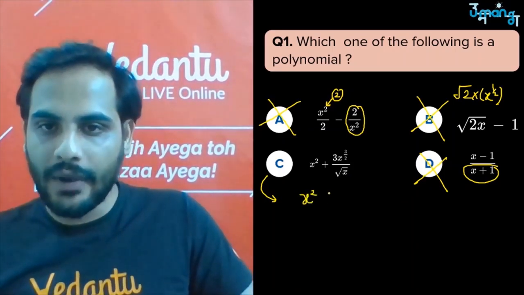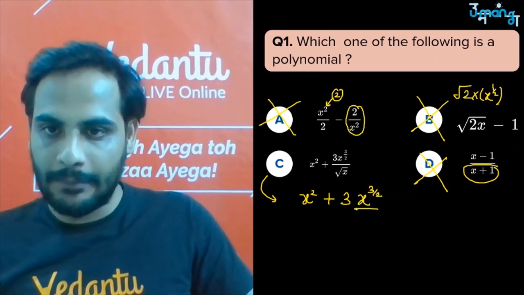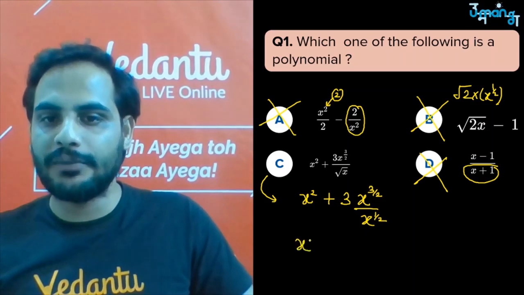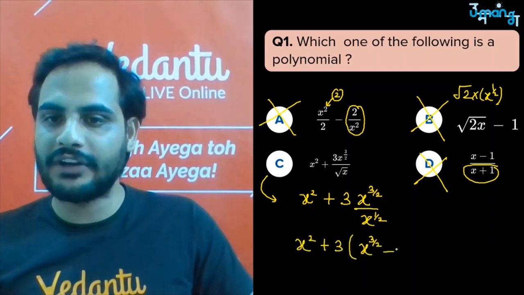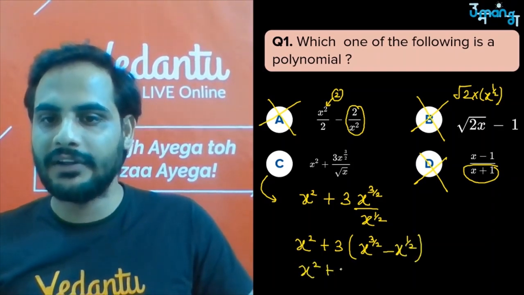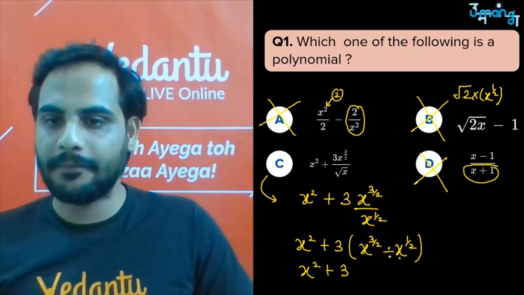You have x square plus 3 x raised to the power 3 by 2 upon x raised to the power half. Use the second law of exponent.